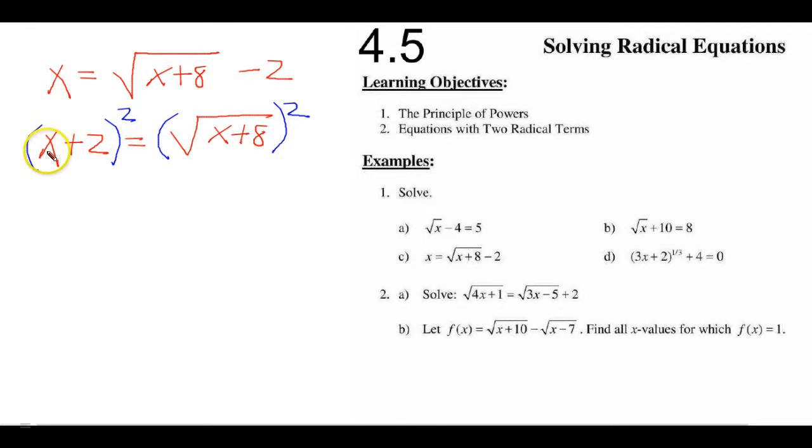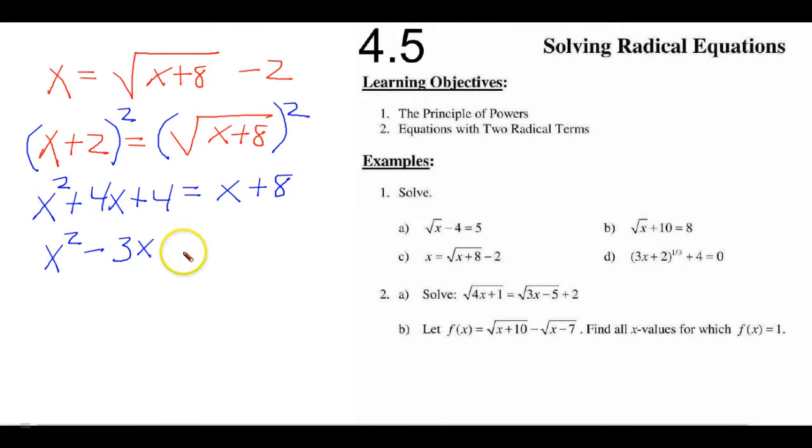So this then is going to be squaring a binomial, which we've had a number of times. Square this term, multiply this, double it, and square this term. And now this just becomes the radicand. We then integrate this into the other side, so we get x squared. This becomes a negative 3x, and this becomes, on this side, a negative 4.